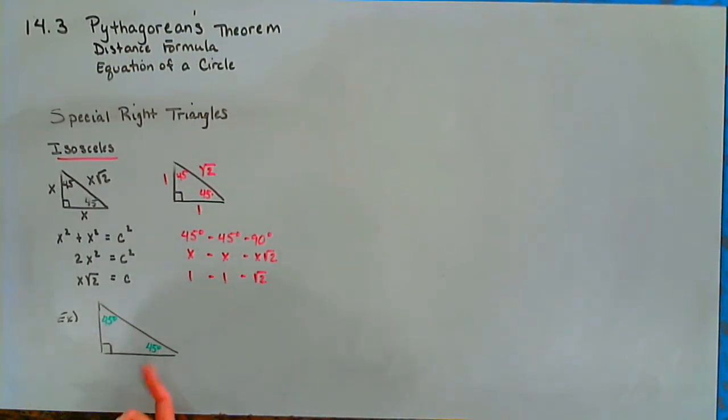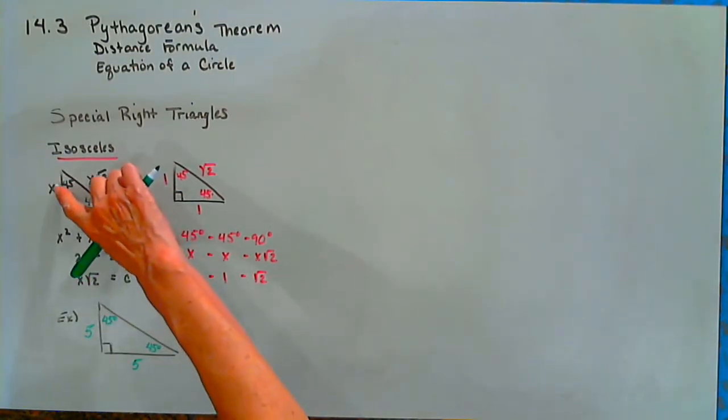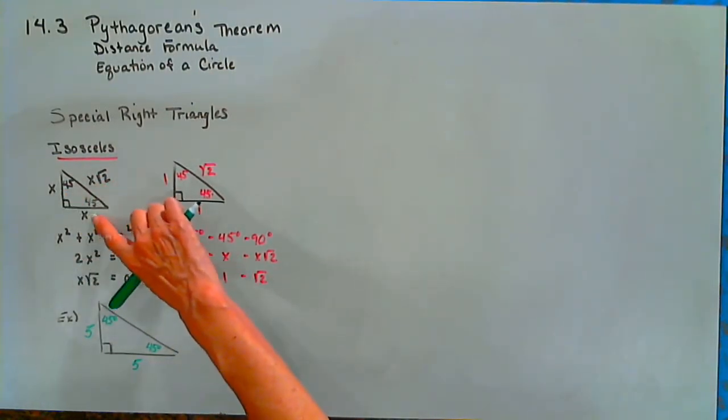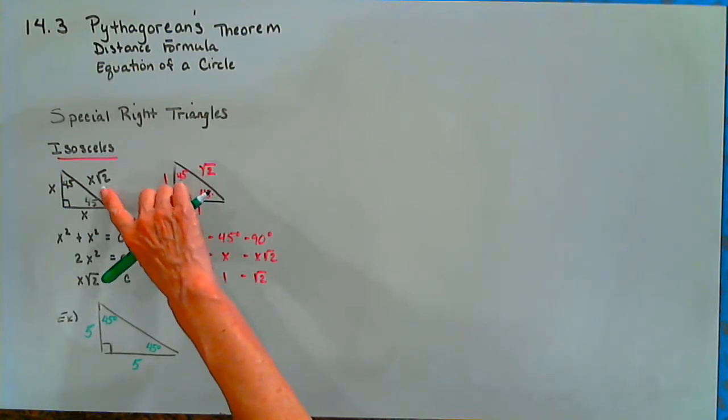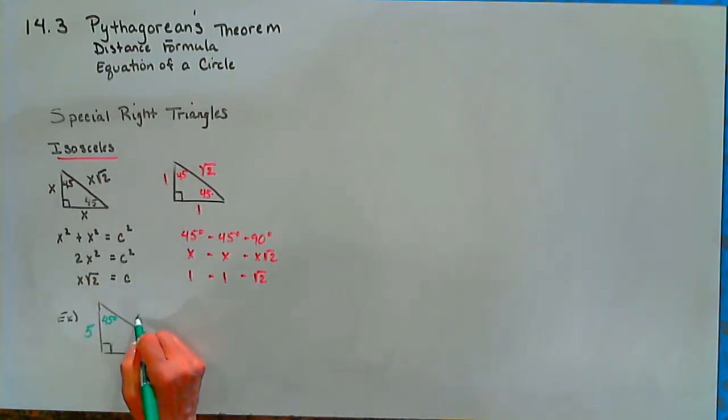Since both of those angles are the same, and let's say I give you that this is 5, I now know both legs have to be the same. As soon as I recognize it's 45, 45, and both of these are the same number, I take that number and multiply by root 2. That's how I could find the hypotenuse, just by setting up the isosceles triangle.